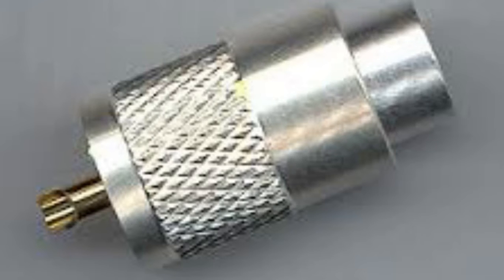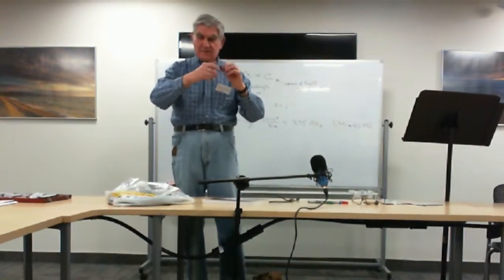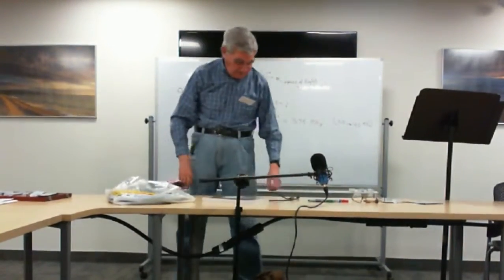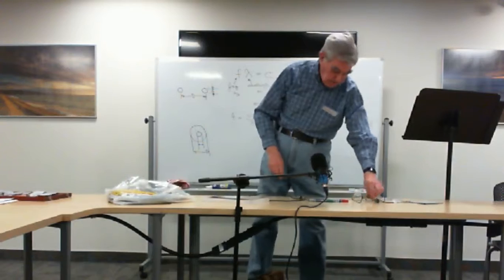And in your radio it will fit the bulkhead type connector like this, which I'm going to pass around. It's got holes in it for mounting to a chassis. You should take that and unscrew it and screw it up again just to see what it looks like and feels like, and pass it on to your neighbor. You don't need to do that. You've done that many times.